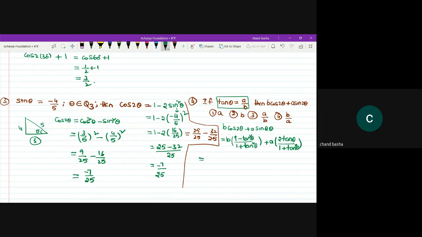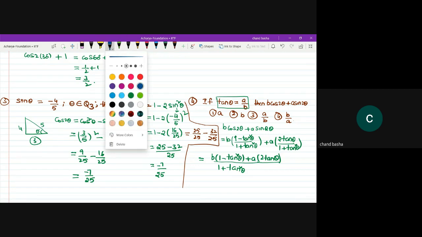So what is the LCM here? Denominator, 1 plus tan square theta. Numerator, B into 1 minus tan square theta plus A, already it is outside, 2 tan theta. Now you can substitute tan theta value. What is tan theta here?